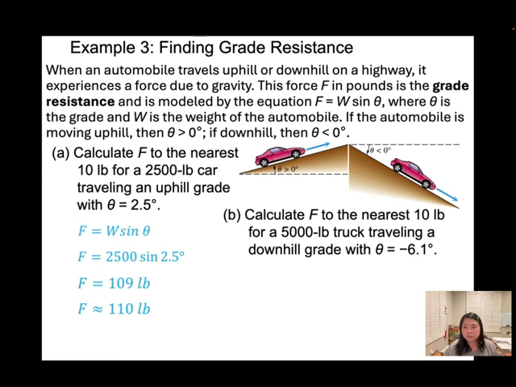B. Calculate F to the nearest 10 pounds for a 5,000 pound truck traveling a downhill grade with theta equal to negative 6.1 degrees. Negative means going clockwise. Okay, we have the formula. Plug it in.